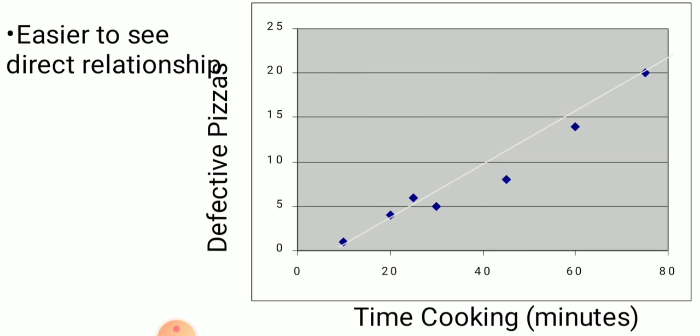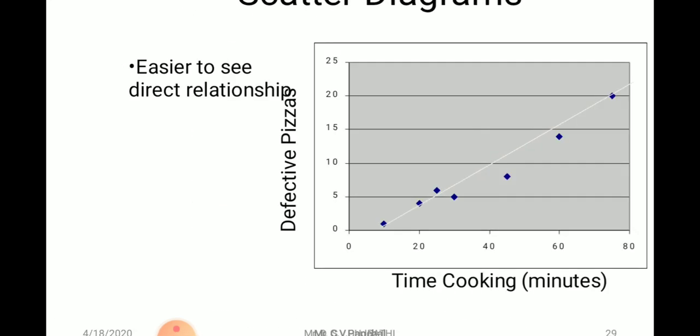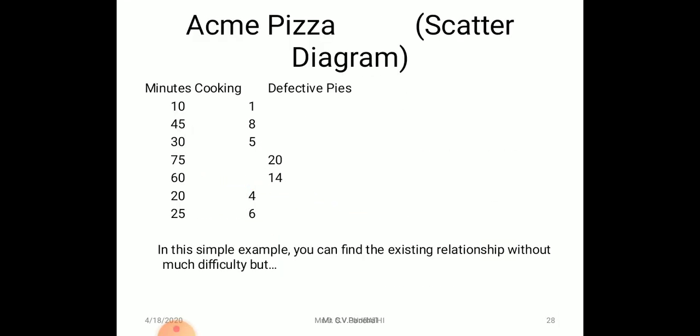If the person cooks a pizza in 10 minutes, the probability of producing a defective pizza is only 1. Whereas if it extends to 20 minutes or 40 minutes or 60 minutes, the defective pizzas produced become more. So there is a direct relation between the dependent and independent variables.